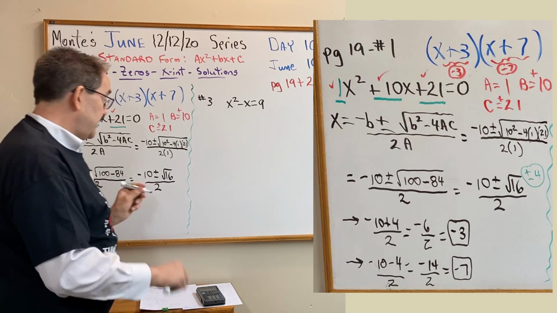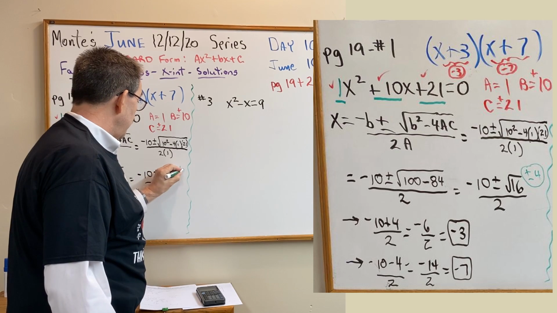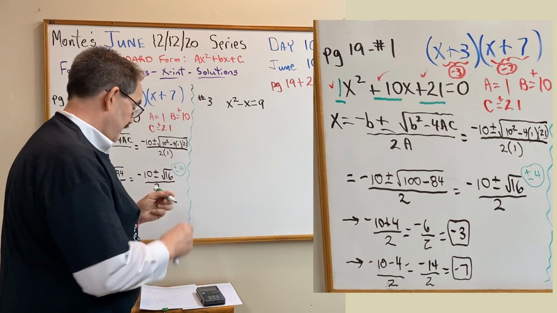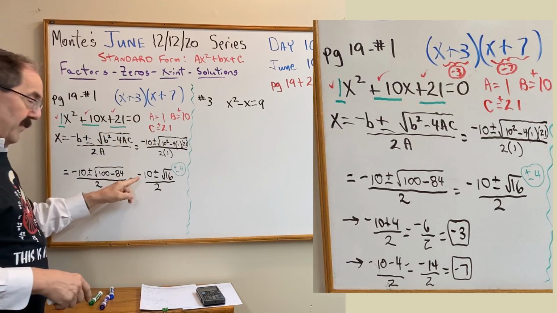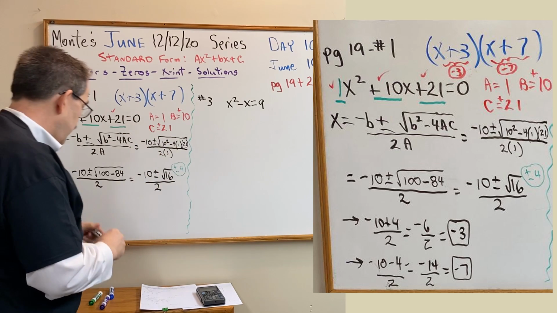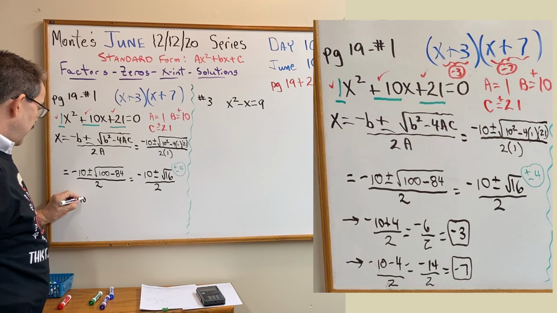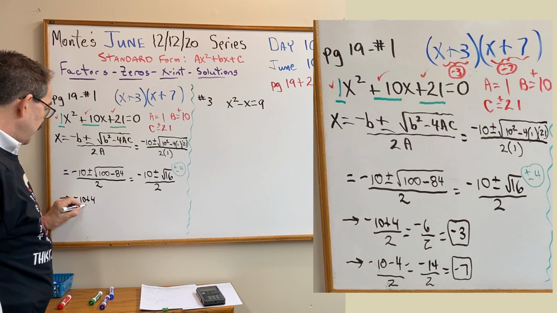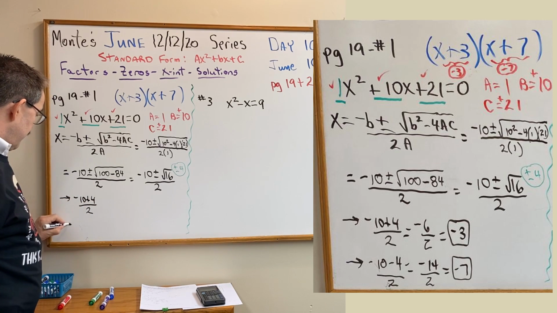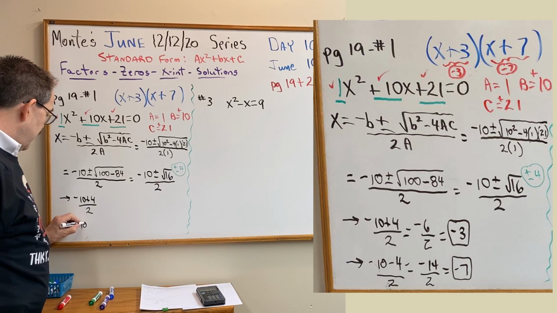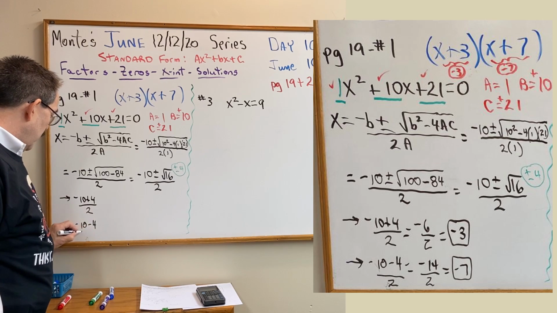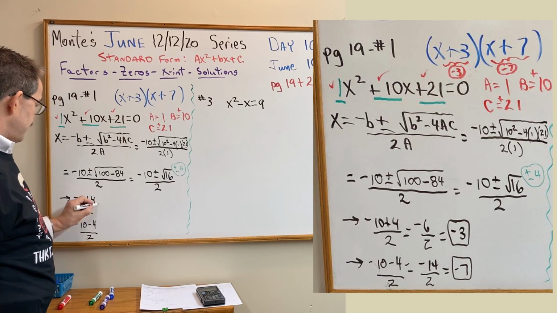We know the square root of 16 is plus or minus 4. All right, now remember, 2 answers. First answer, negative 10 plus 4 over 2, negative 10 minus 4 over 2.